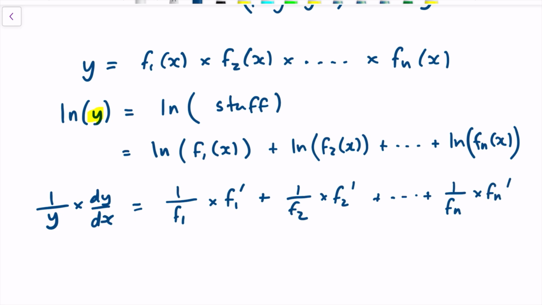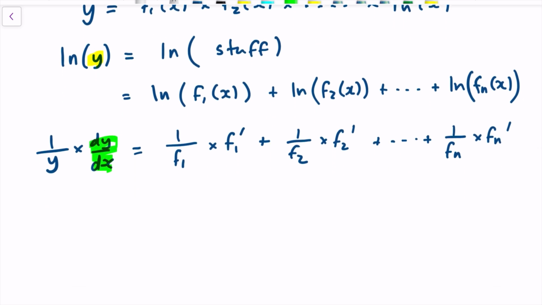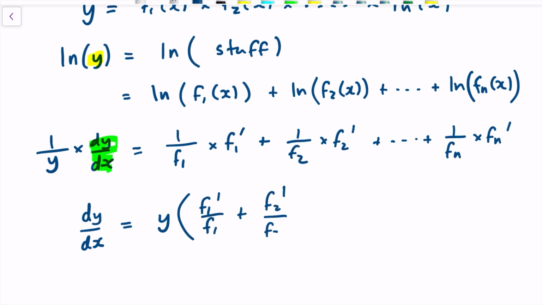And lastly, we wanted dy dx, the expression for the derivative of this function, which was a product of n functions. So I just need to move the y up to the top of the right hand side. So it's y multiplied by f1 dash over f1 plus f2 dash over f2 plus fn dash over fn.